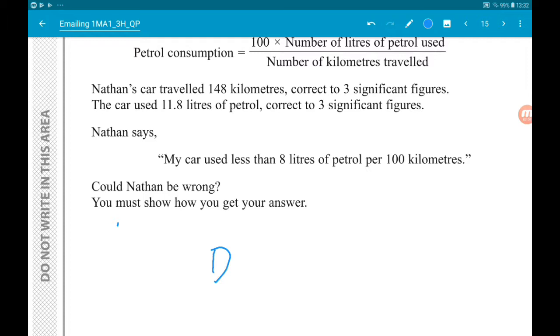So the lower bound would be 147.5, and the upper bound, remember you use a strict inequality, would be 148.5.